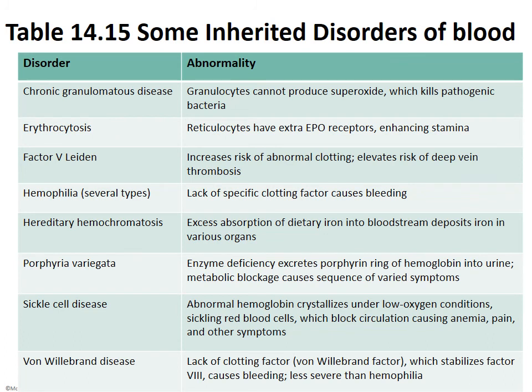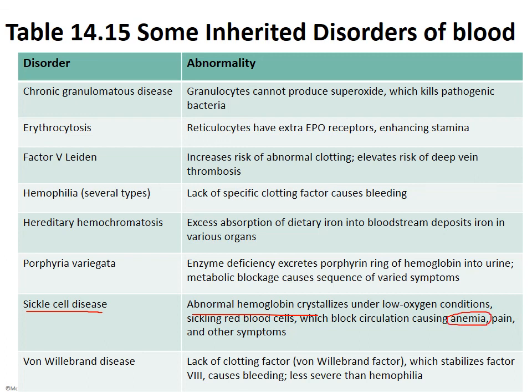Now, this is a little list of the diseases and inherited blood disorders. This isn't going to be a big part of the test. What I want you to know, sickle cell disease is basically an abnormal hemoglobin. We talked about that a little bit. It causes anemia.